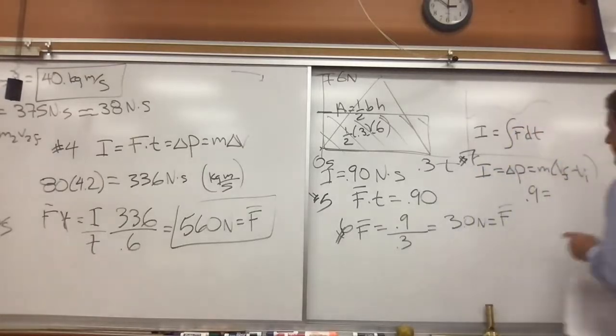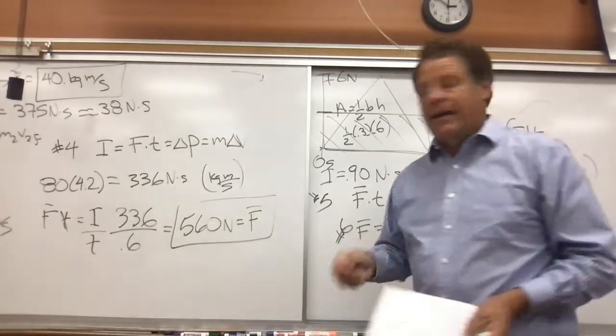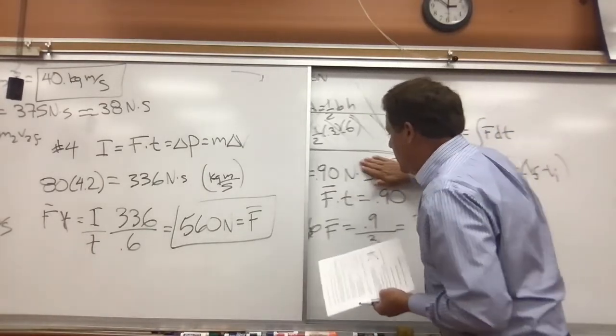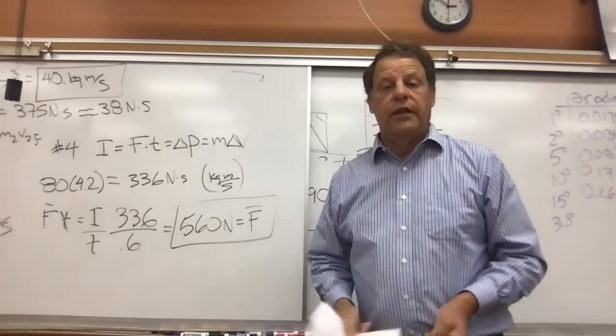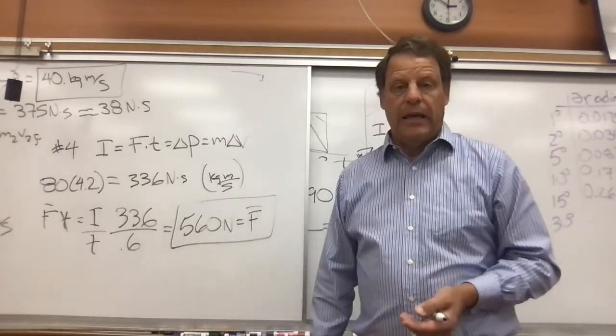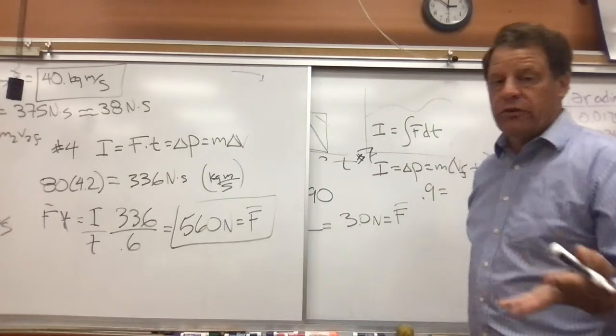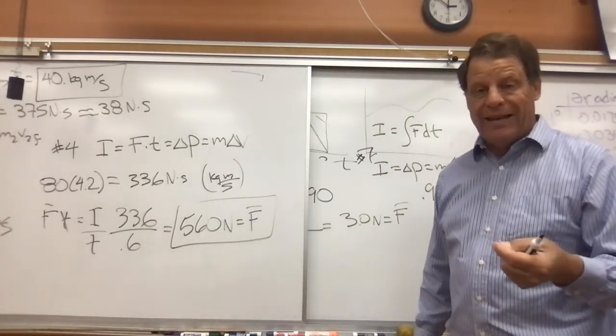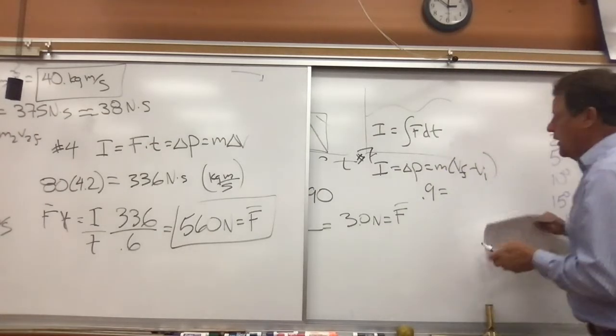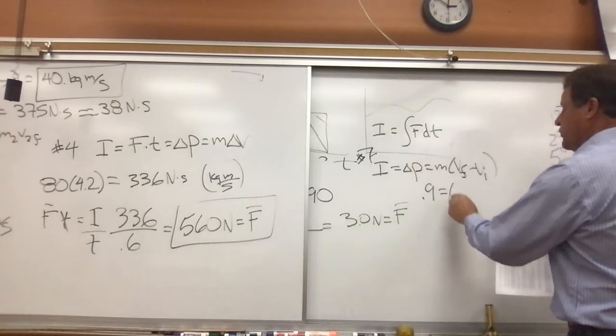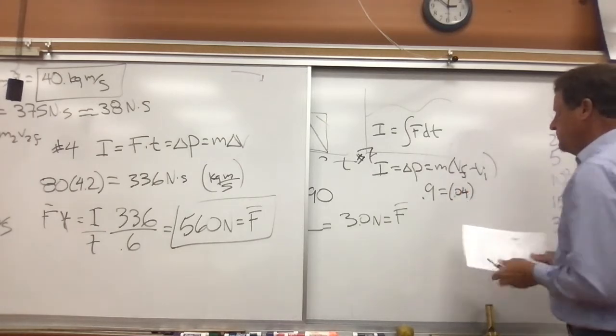Now, if I did not give you guys that, then you just leave it in as a variable. Okay, so your answer could be something with an m in it. All right, so we're going to have 0.9 is equal to 0.04.